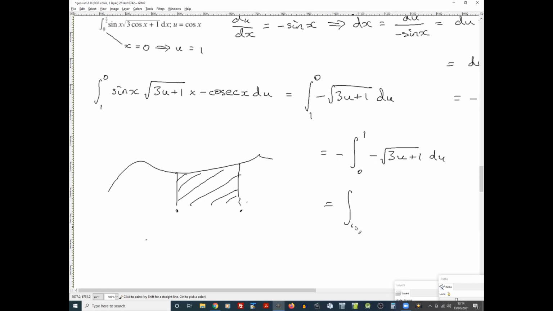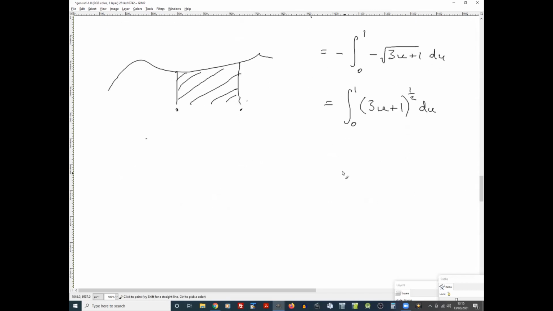Yeah, you get rid of the minuses. And then, yes, let's write power of a half rather than square root sign. That is a point. And then we can integrate it. And what do we get?